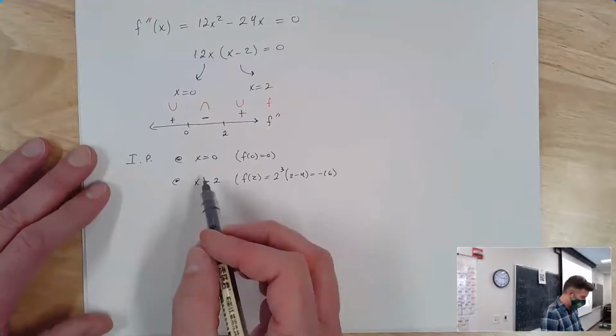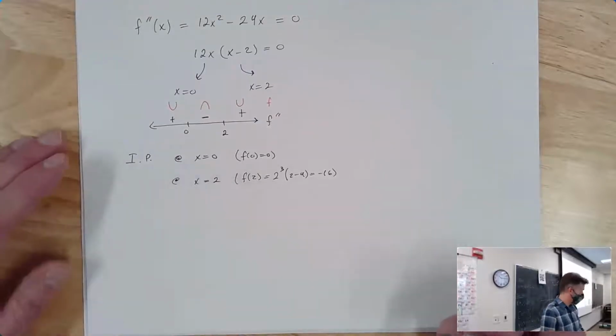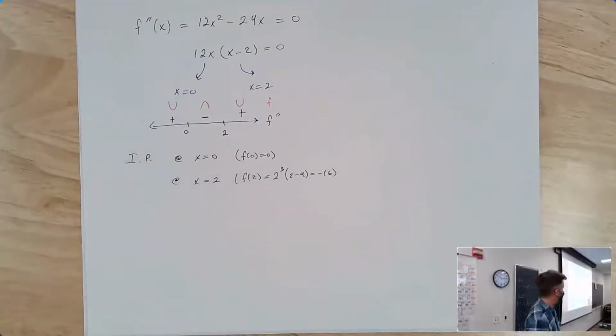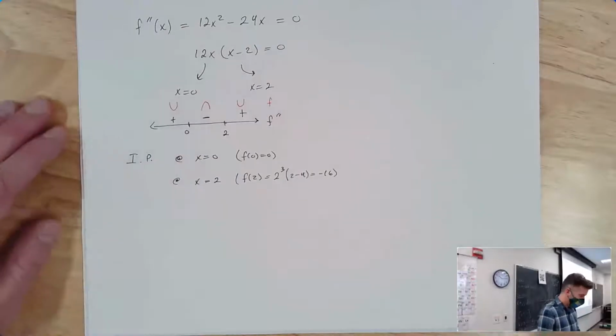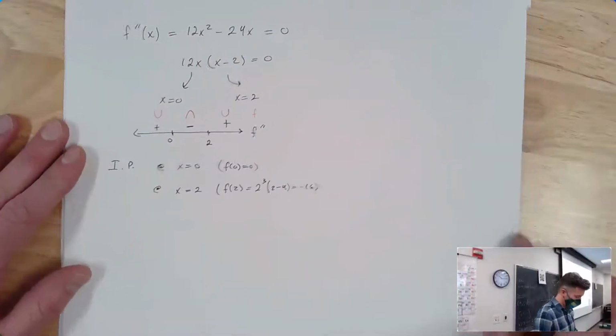And we get an inflection point wherever the concavity changes. I should say, we get an inflection point wherever the function is defined and the concavity changes. So definitely there, definitely there. And now we can draw. I mean, we could have drawn it probably a while ago, but let's draw it.